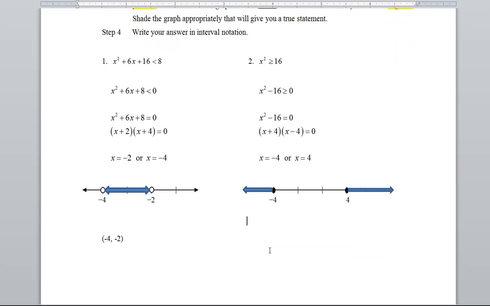So there's my shading. So let me tab over so we can write down interval notation. I'm coming in, so this is negative infinity. I need to insert infinity. Oh, there it is. Yay. Comma to -4. And I need a bracket.